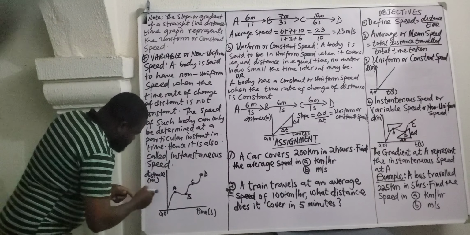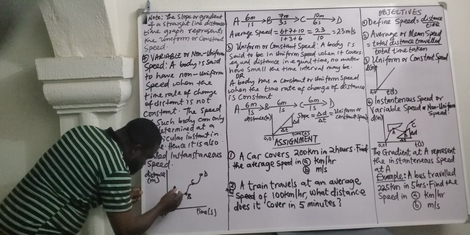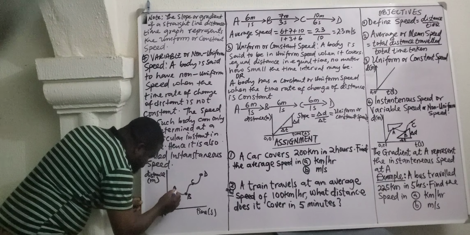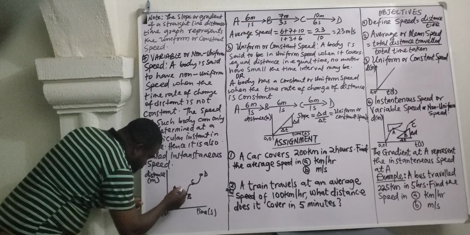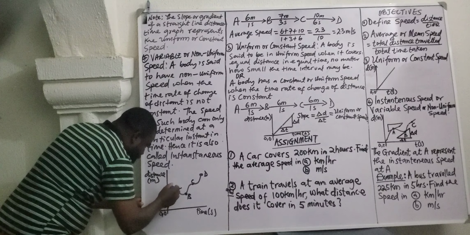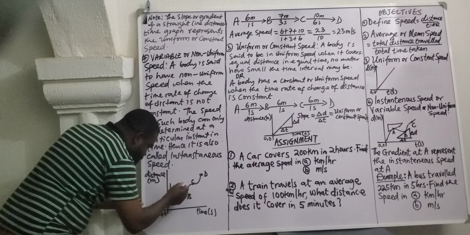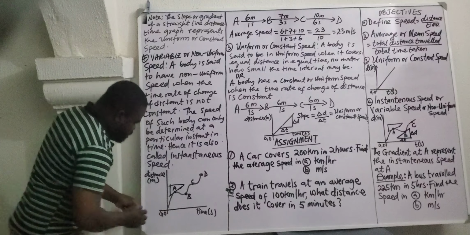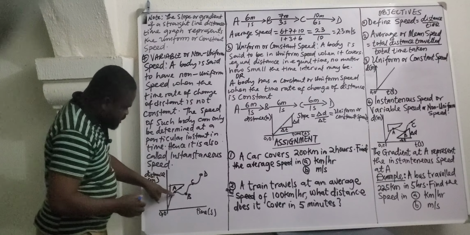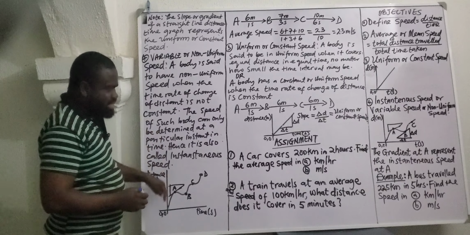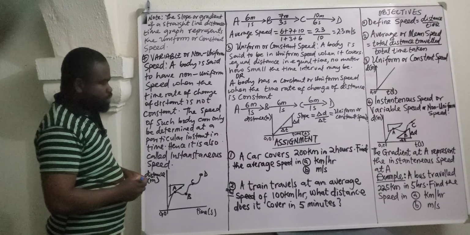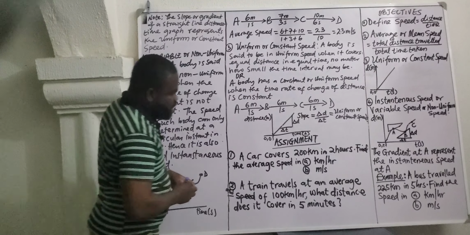So the instantaneous speed at point A is the speed at point A. What I will do, I will take a tangent at A and find the change in distance over the change in time. So the gradient at point A gives me the instantaneous speed at point A. I hope you get what I'm saying.